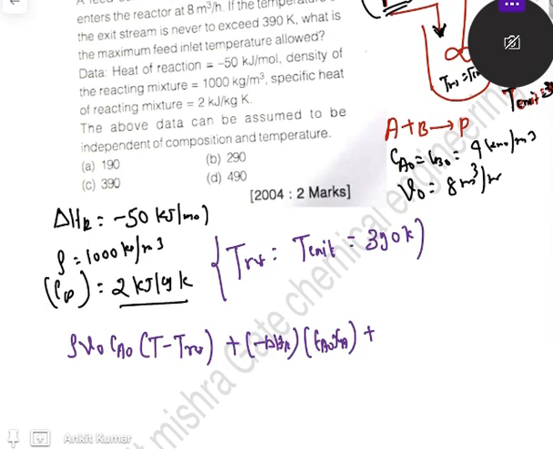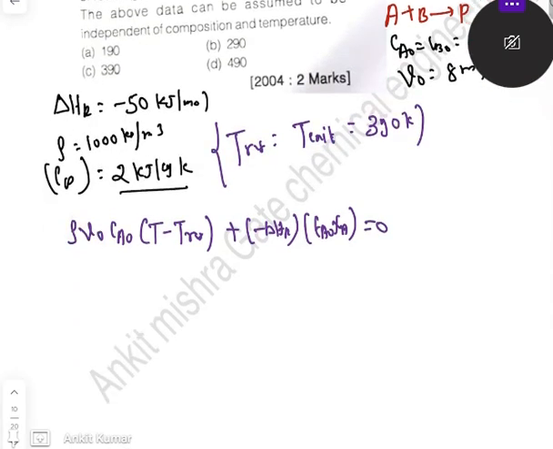Since the product and reactant reference temperatures are the same, those terms will be zero, and that is equal to 0. Is that clear? We are supposed to calculate T inlet, and T reference is the T exit.